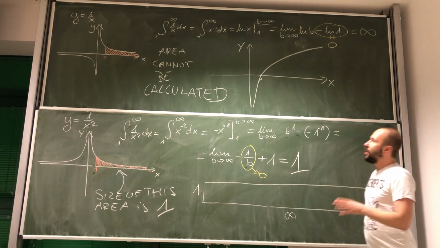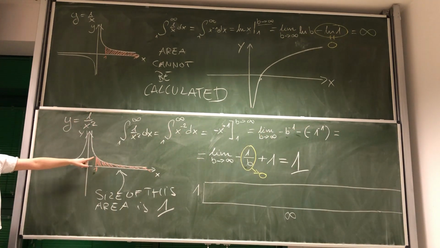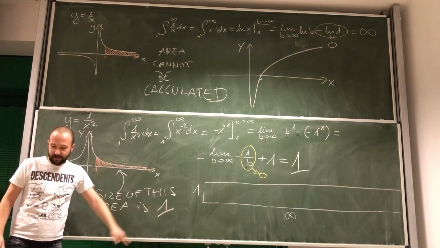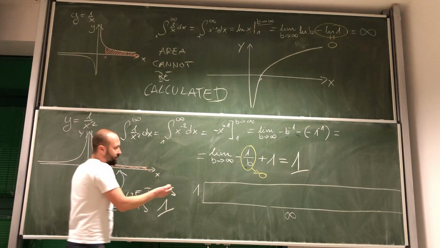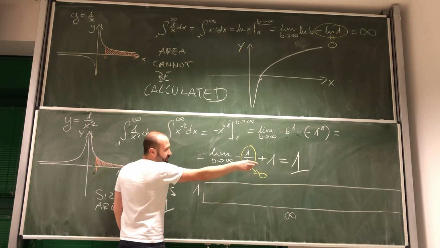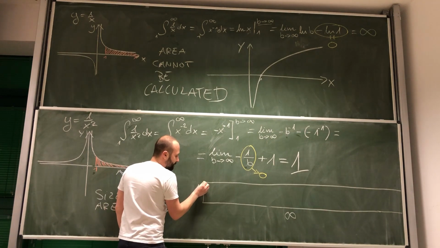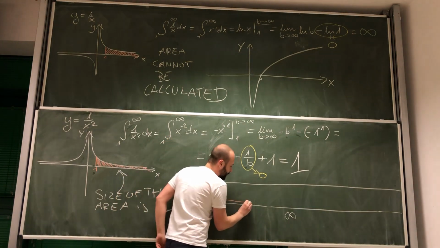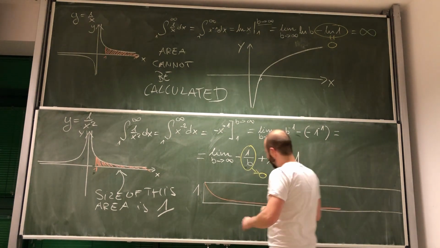But look, we know that the values of the function here are dropping, right? So they're getting smaller and smaller and smaller. So we are definitely not going to have an infinitely big area. We're going to have an area that is smaller than infinity. Well, but it's still... sorry.